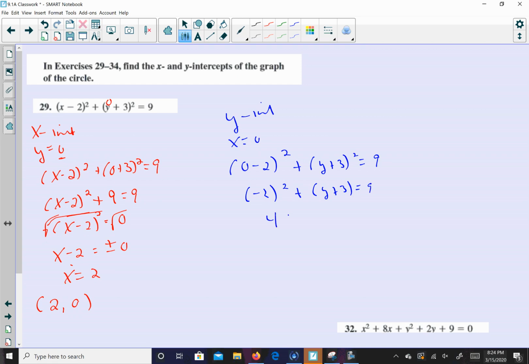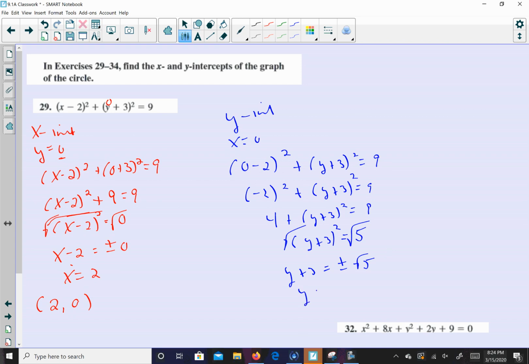So this will be 4 plus the quantity of y plus 3, oops, dropped my square sign, squared is equal to 9. Subtract 4 from both sides, and I'm going to have y plus 3 squared is equal to 5. Take the square root of this side, take the square root of this side, and I'm going to have y plus 3 is equal to plus or minus the square root of 5.